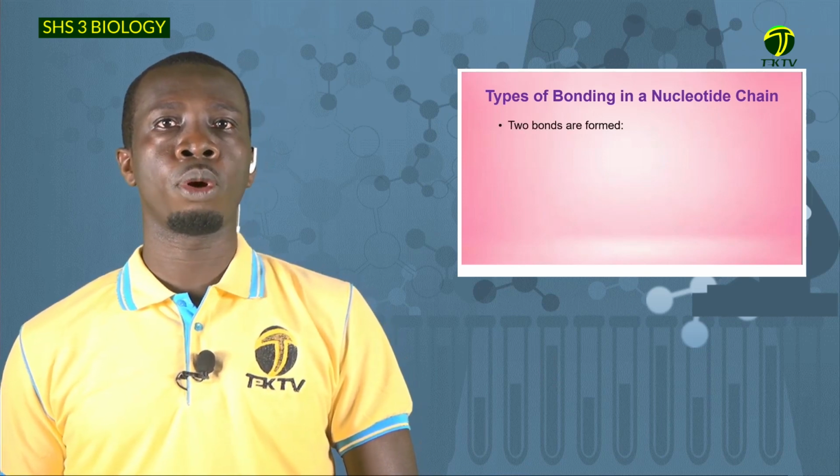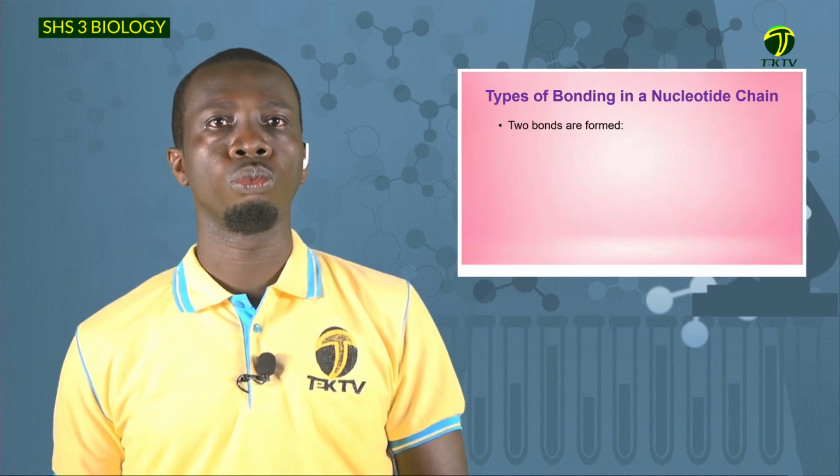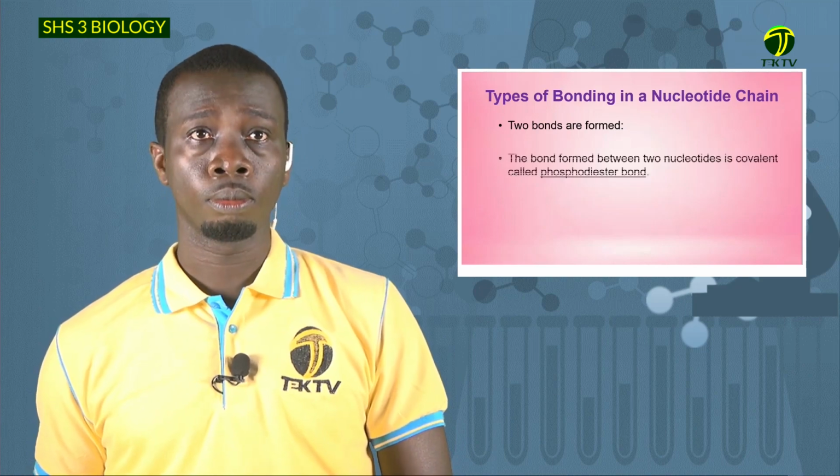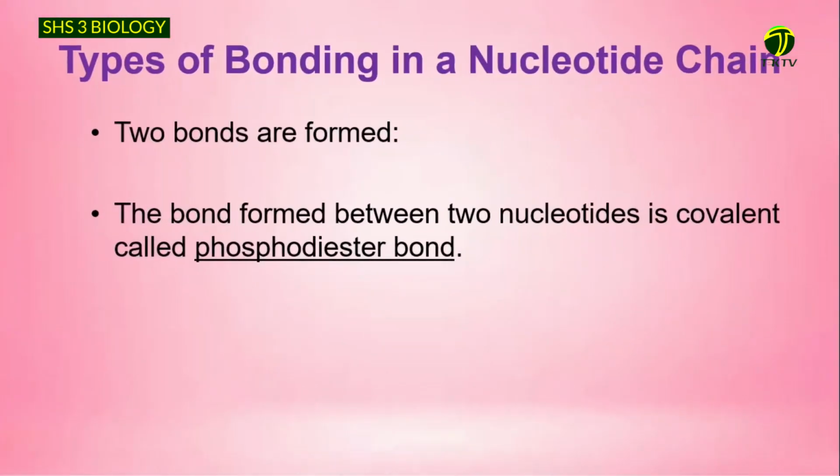So the types of bonds are two. And they are the phosphodiester bond, which is a covalent bond formed by the phosphorus or the phosphate ion, and then two ester bonds. So the term diester means that there are two ester bonds with the phosphorus in between.